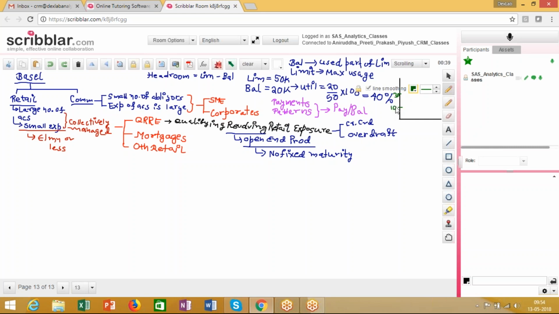So it remains between 10 to 30%. Say this is what my utilization is, so my utilization always remains within the band of 10 to 30.